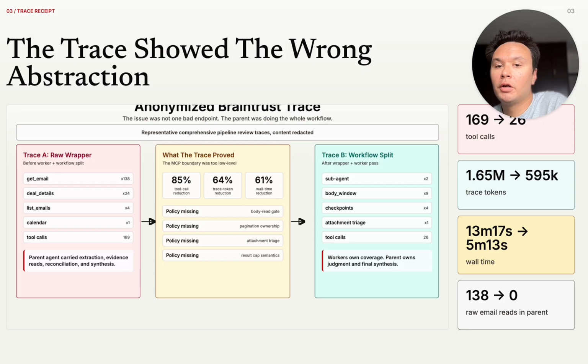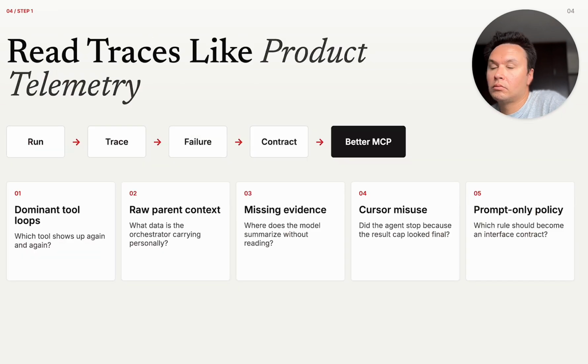If you are not reading your traces as product telemetry, daily, or at least a few times a week, you are flying blind on your own MCP and agent design. So the first step is not to add more tools.